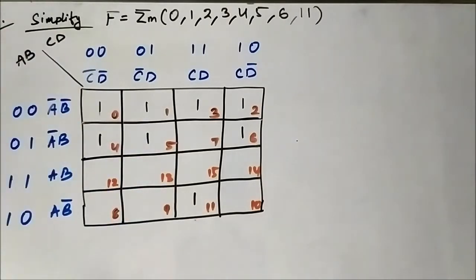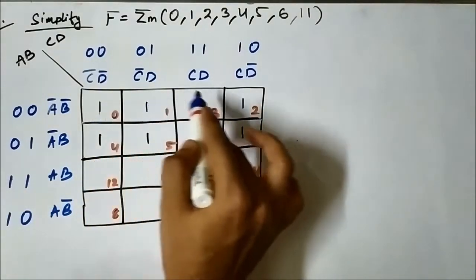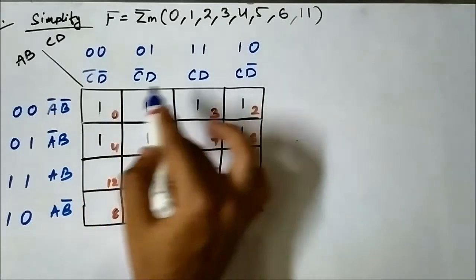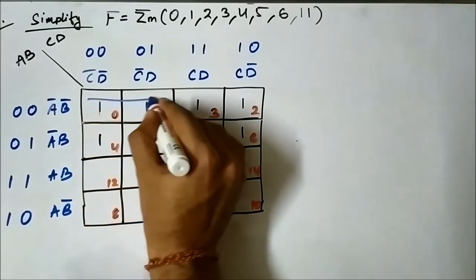Okay, so always remember the rules of group formation. 2 to the power n cells in each group, maximum number of cells in each group, minimum groups to be formed. So here you see these 4 cells, they are adjacent to each other, so we can form a quad here.